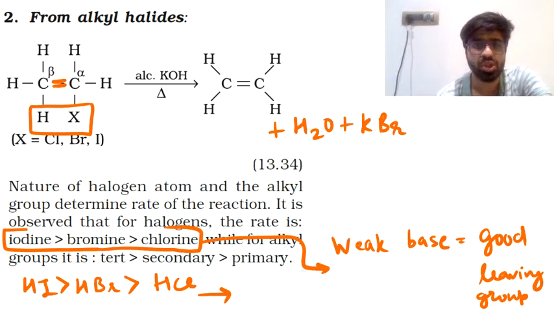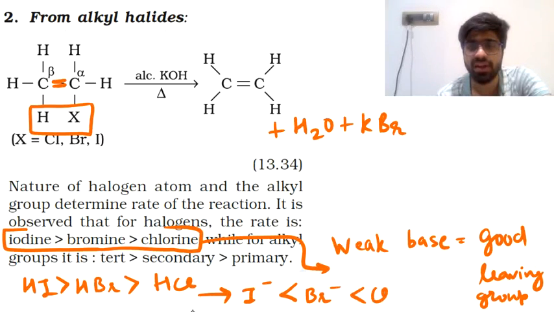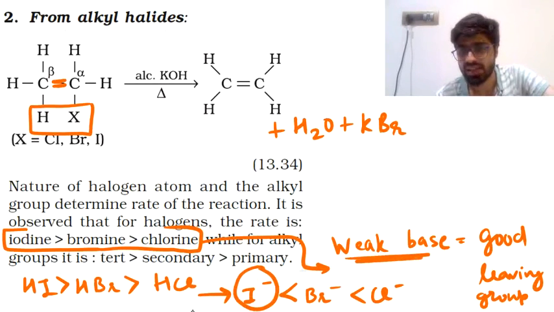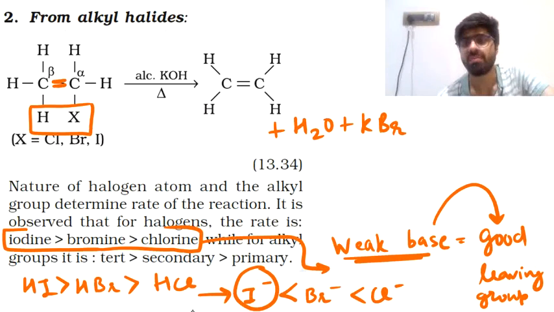If HI will be the strongest acid, then the conjugate base I minus will be the weakest. So I minus is a weaker base than Br minus, and Cl minus is the strongest base. I minus is the weakest base because HI was the strongest acid, and so on the sequence continues. So I minus is the weakest base, and because I minus is the weakest base, I minus will be the best leaving group out of iodine, Br and Cl.